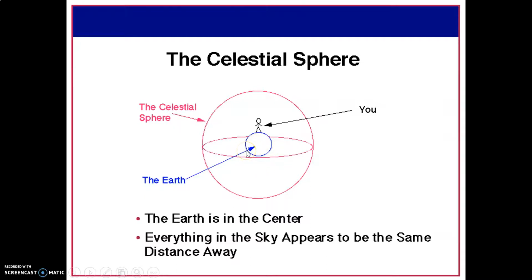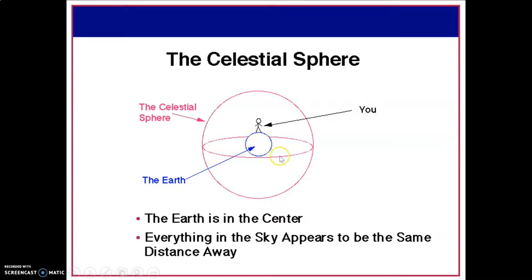Obviously, this is not drawn to scale because the Earth is not this big compared to the rest of the universe. Every single star that we know about could be found on this sphere right here. This is the celestial sphere. They are fixed points on this sphere, and the Earth is in the center. And then we're, of course, on the Earth.